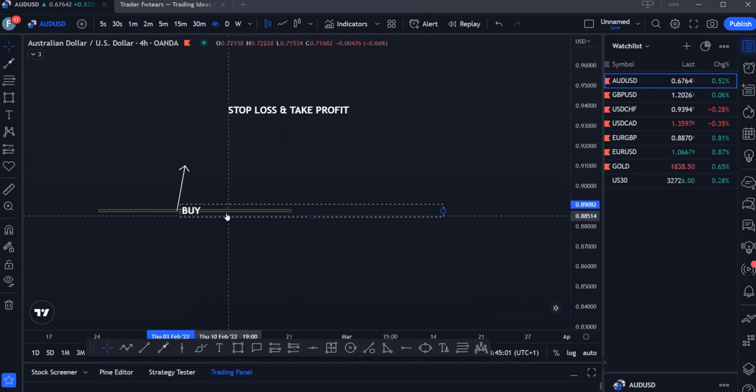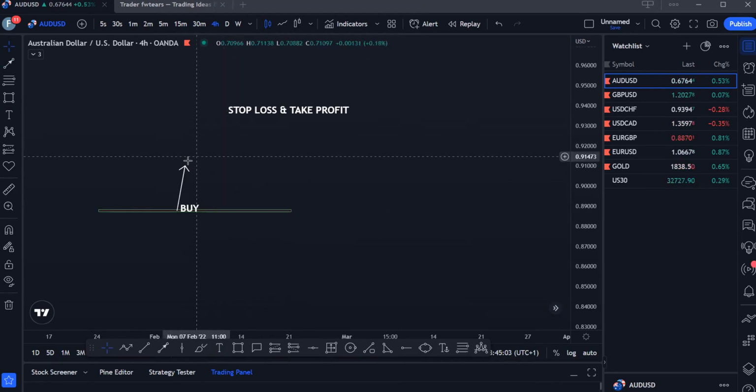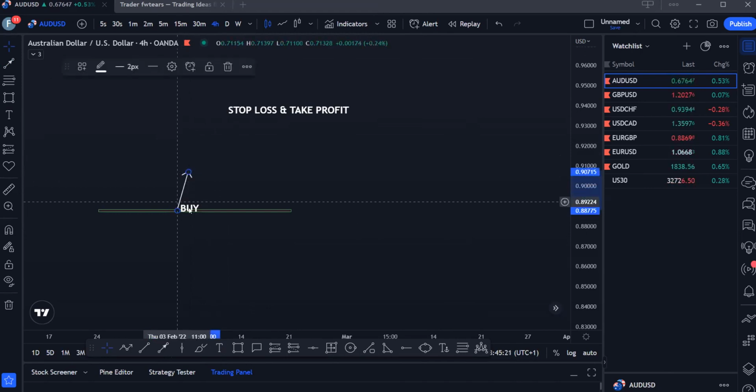But there are times that when you buy, price would not go your direction. You might have made a wrong analysis and then entered this trade. Remember you are buying so that you're anticipating that price should go up so that you make your profit.